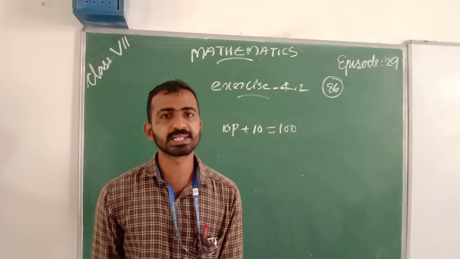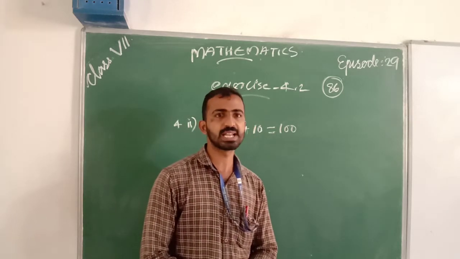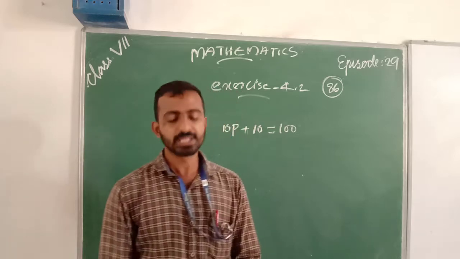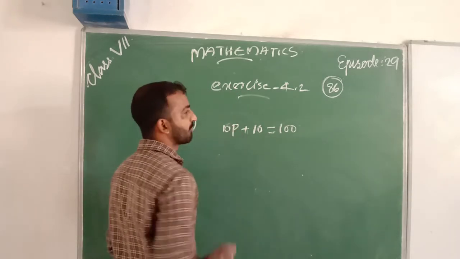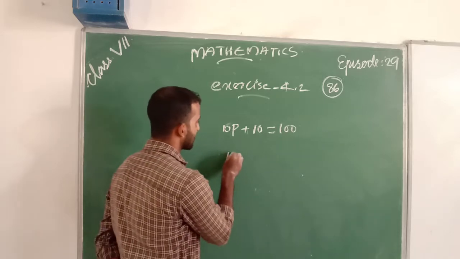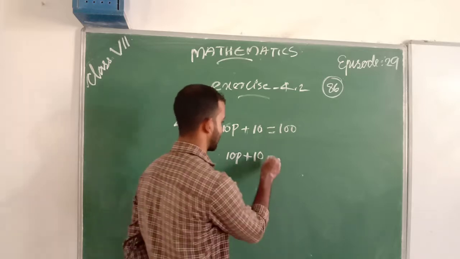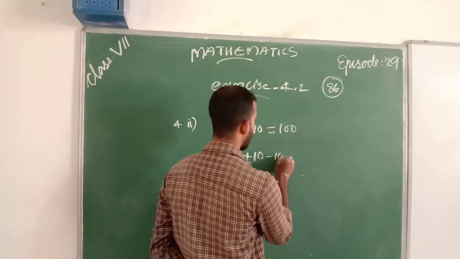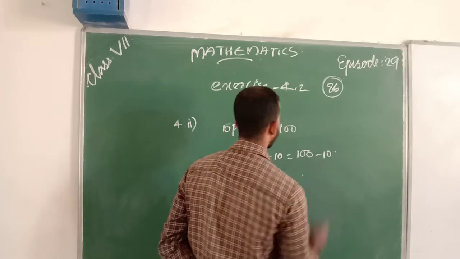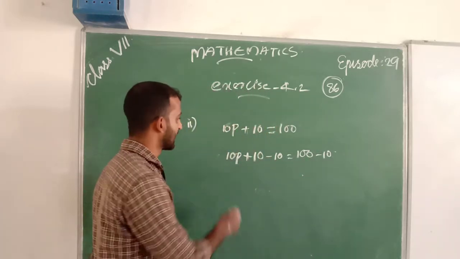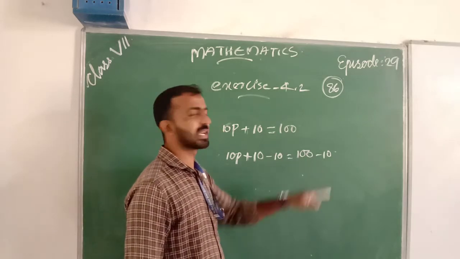What may be the answer? First we subtract 10 on both sides. 10p plus 10 minus 10 equal to 100 minus 10.